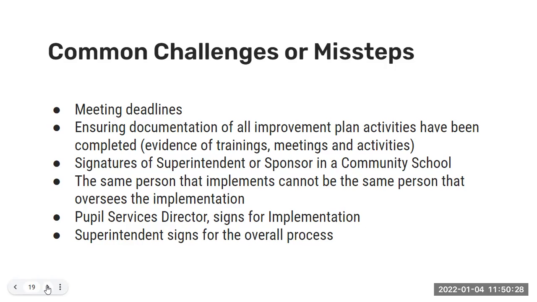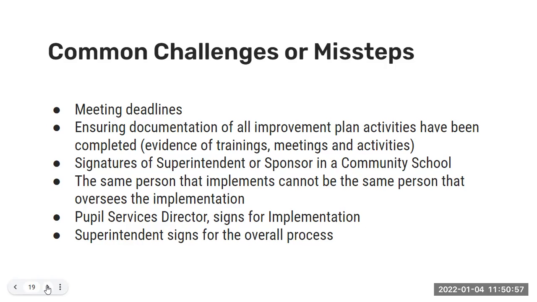What I mean is the same person, which is usually the special education director or the pupil personnel services director, signs the implementation, because you are overseeing that what was written in the self-review summary and the improvement plan is happening. But you cannot be the same person that oversees the overall process. Let me just back up and say that again.